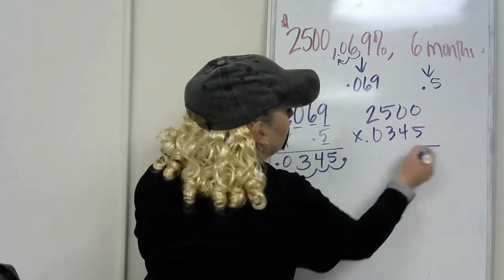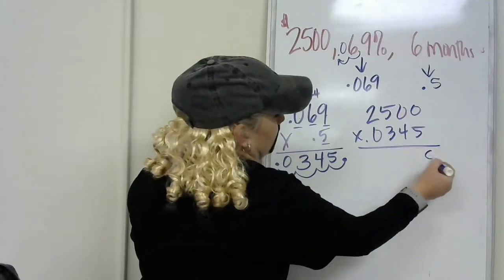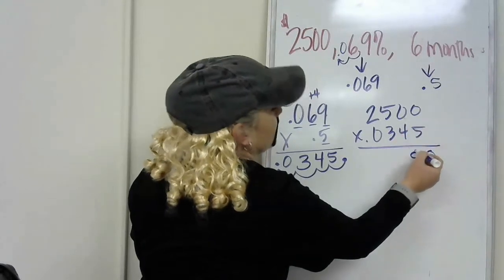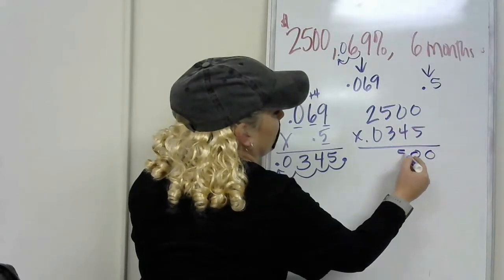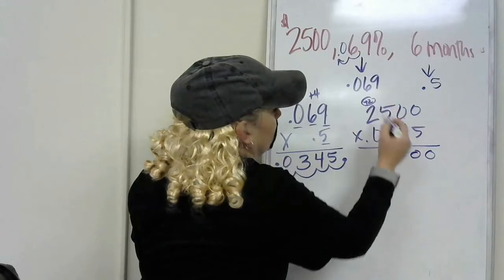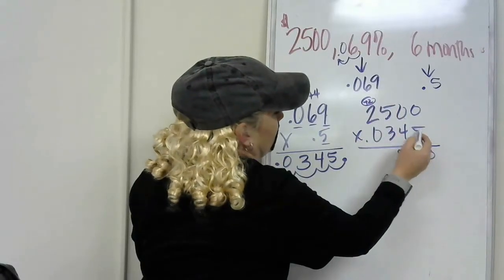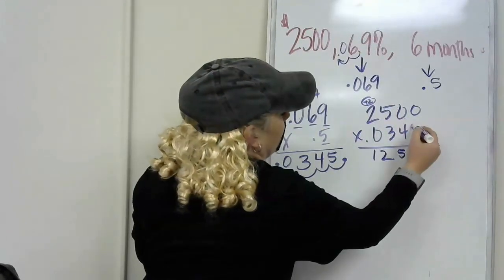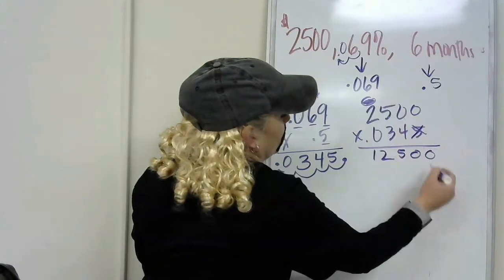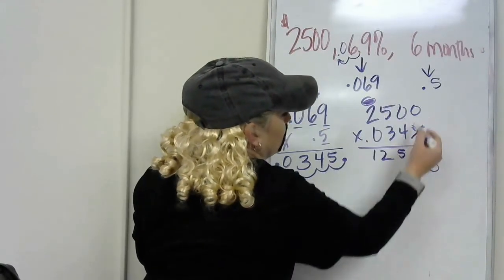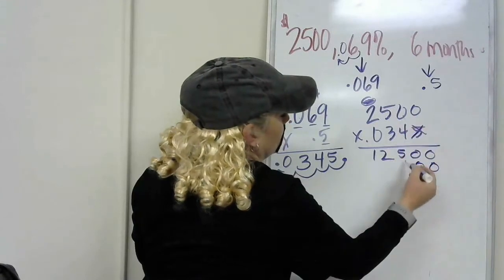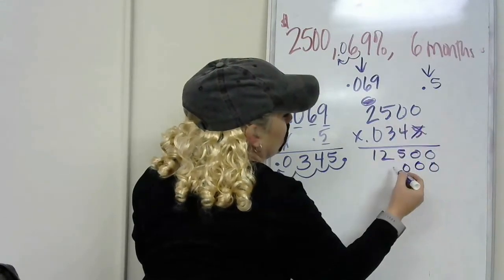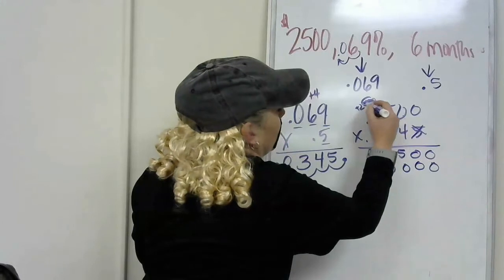So 2,500 times 0.0345, okay? Now, 5 times 0 is 0. 5 times 0 is 0. 5 times 5 is 25. That 5 can stay. That 2 got to go over here. And 2 times 5 is 10 plus 2 is 12. Okay, so I'm going to scratch, lay an egg. 4 times 0 is 0. 4 times 0 is 0. 4 times 5 is 20. The 0 can stay. 2 got to go.